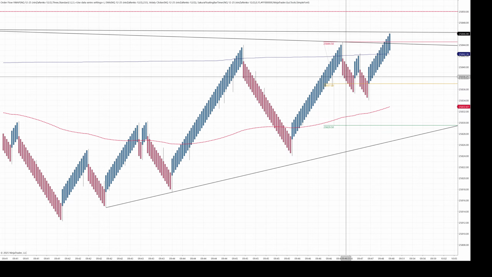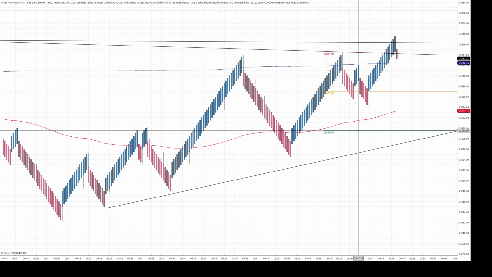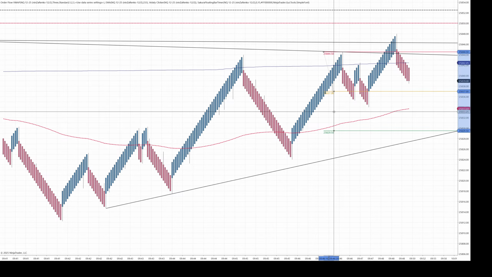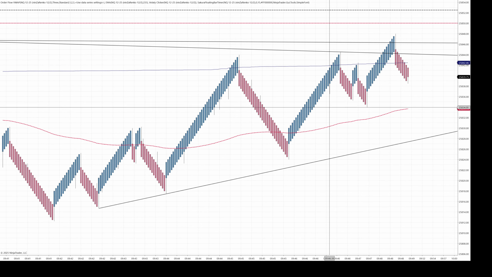Whereas here, you got the bearish trigger, but there's not enough room to get your 8 points, and that's why it stopped out, right? Both of these are triggers.